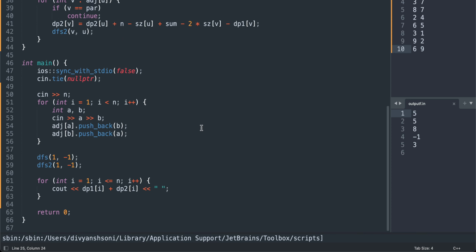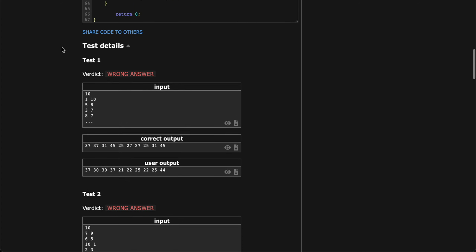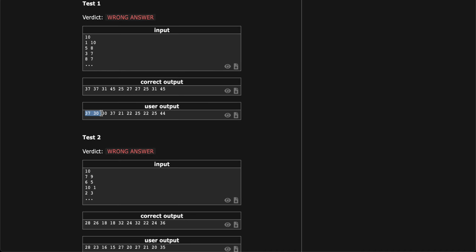Okay, does it have parallel edges: 1 to 10, 5, 8, 3, 7, 8, 7, 2, 4, 6, 9? What are my answer and its answer? 37, 30, 30, 37, 21, 6.